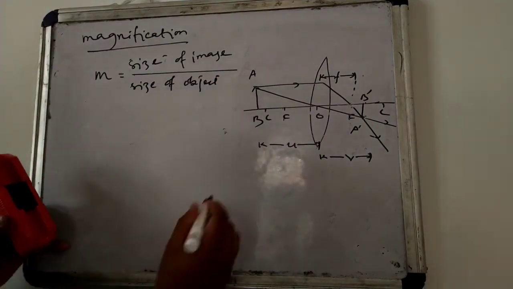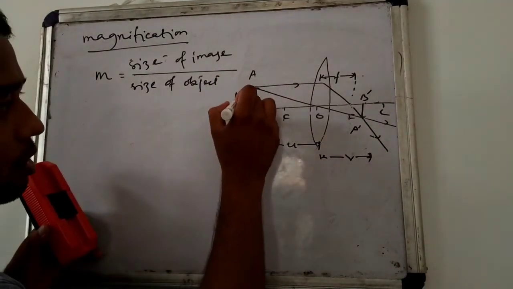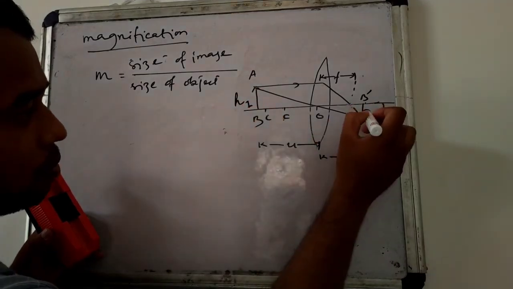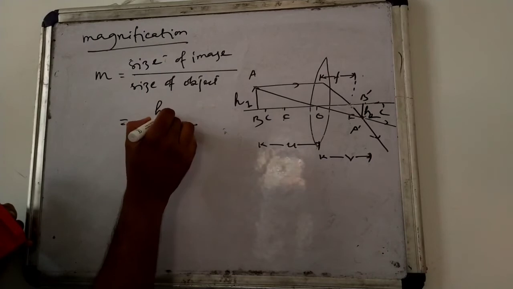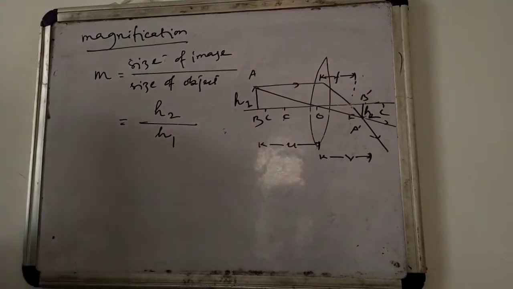Okay, suppose height of the object is h1 and height of the image is h2, then magnification will be h2 by h1.